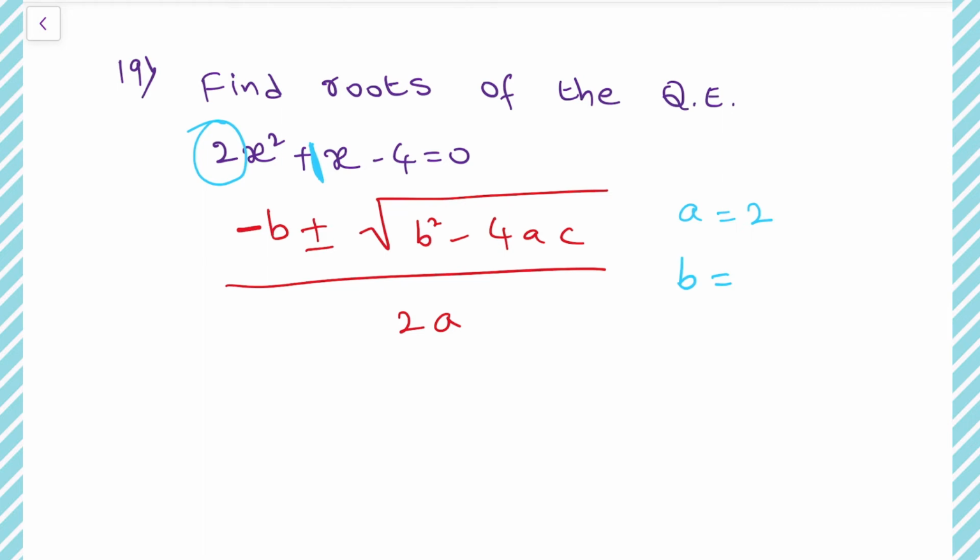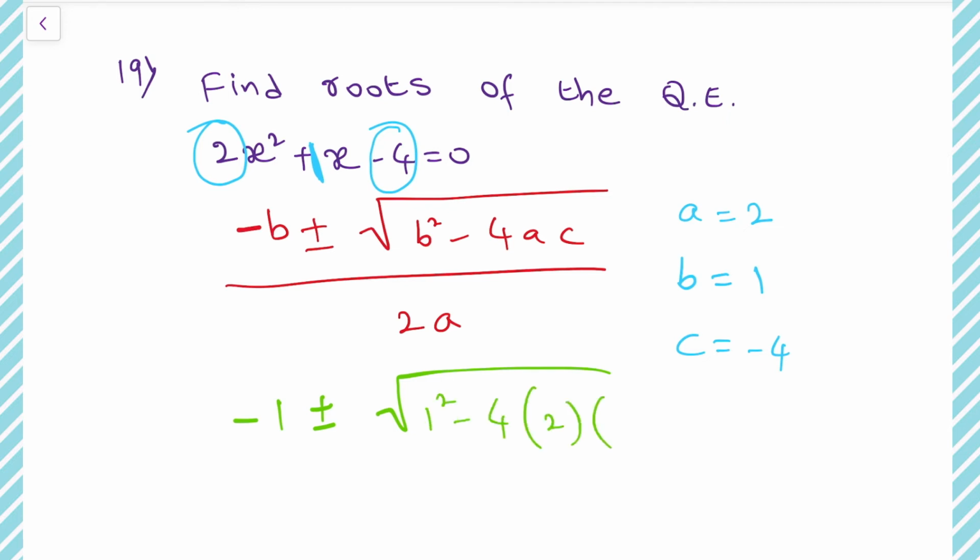That is considered as b value. Then whatever the constant is there, that is minus 4, that is c. So c is equal to minus 4. Now these values we need to substitute in the formula. Minus b value 1, plus or minus under root b square 1 square minus 4 into a value 2 into c value minus 4, whole divided by 2 into a value 2 again.